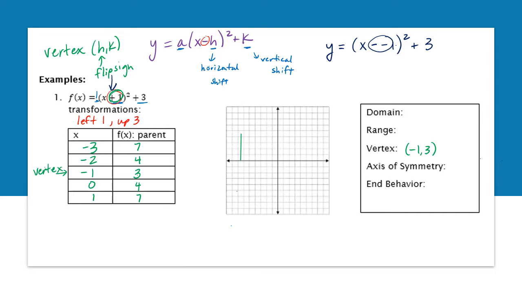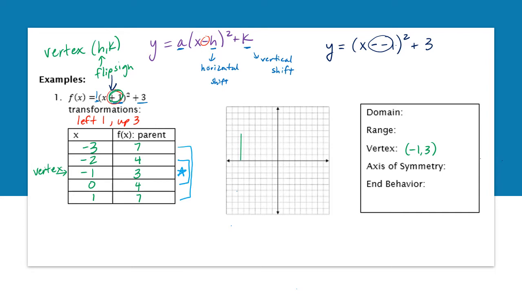Now something I want to point out about this table is that you'll notice that the y values are symmetric, and that's not an accident or a coincidence. It will always happen that way when we're talking about the quadratic family. So your vertex is kind of like in the middle, and then if you look here, as you go out a box, the 4s match. As you go out another box, the 7s match, and that pattern would continue if you saw more of these table values.